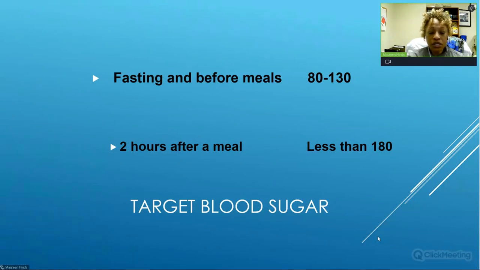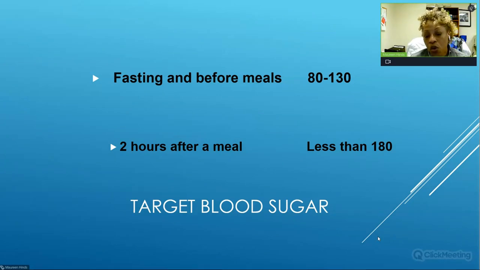That's considered target. Now, if you do happen to notice that your blood sugars are higher or lower, again, that's good feedback because if you're finding that your blood glucose before a meal is high, that tells you that you have to look at maybe what did you eat, what did you drink, or did you forget to take your medication? Those are some common reasons your numbers may be high, right?